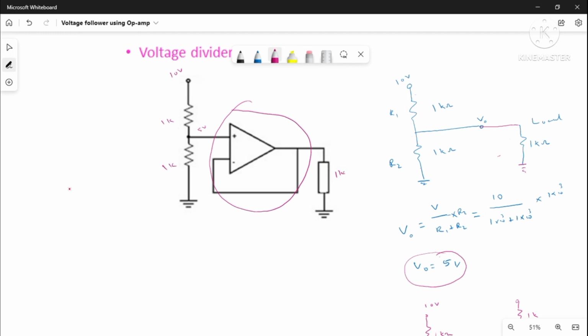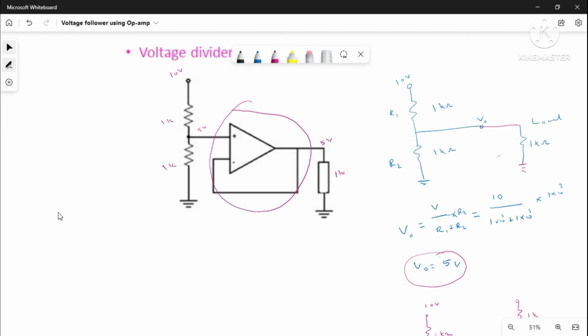In this case, the op amp will be drawing very little current. As we have discussed, the input impedance of voltage follower is very high and the output impedance is very low. So the circuit will exactly maintain 5 volt regardless of the load value. It may be 1 kilo ohm or 2 kilo ohm. So this is one application of voltage follower.